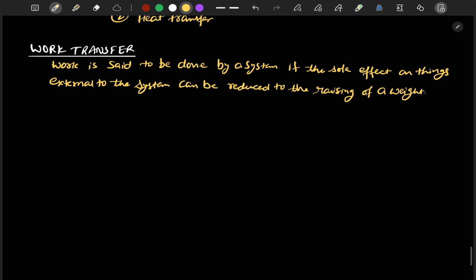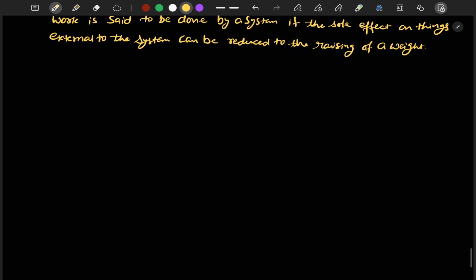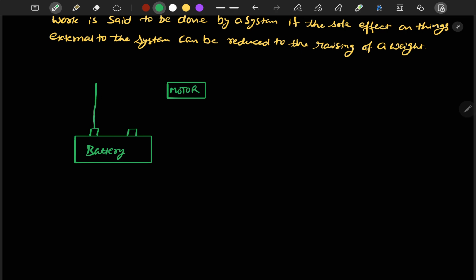Let me show you an example. Let's say this is a system. Let me draw a system here, and we will reduce it to the required system. Okay, so let's say this is a battery, and from these two terminals we will connect a motor here. Let's say this is a motor.